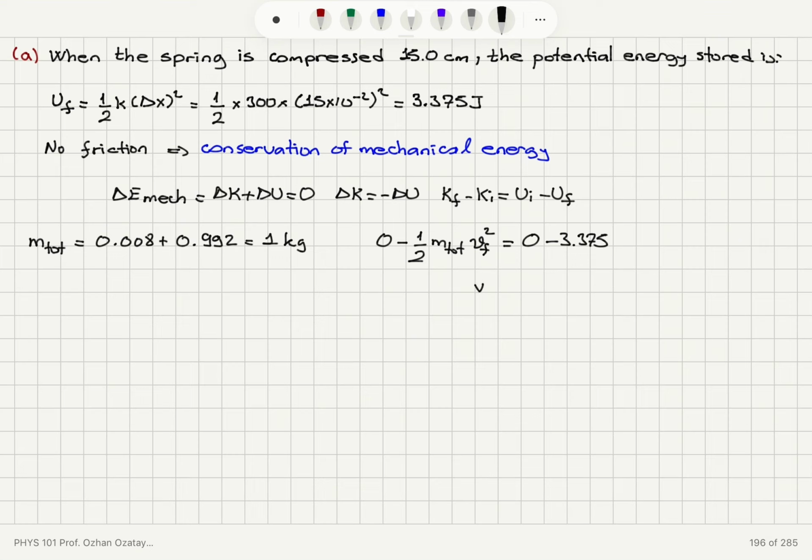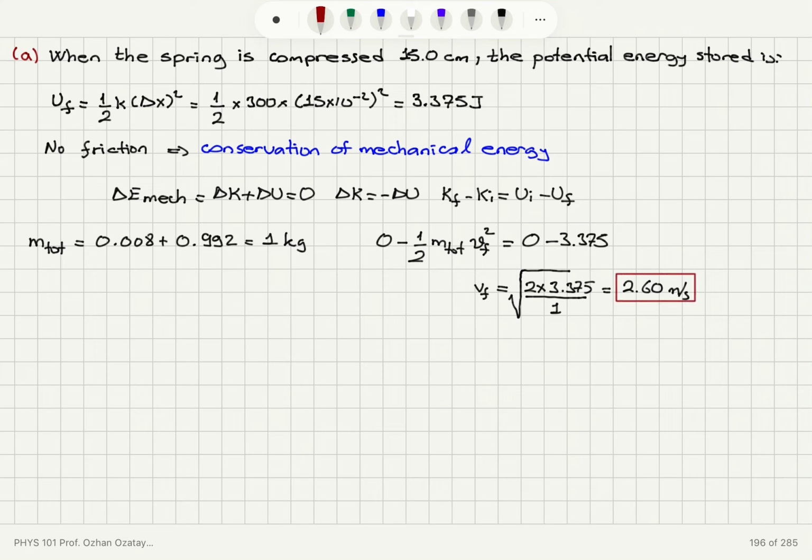So this gives us for the final speed of the block, which is right after the collision, to be the square root of 2 times 3.375 divided by the total mass 1 kilogram, which is 2.60 meters per second.